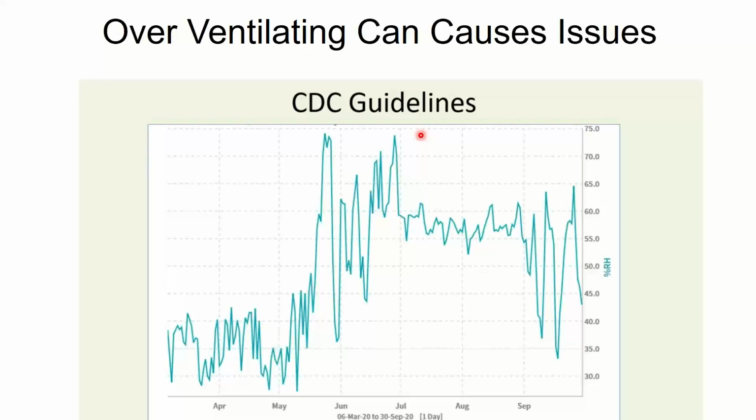The higher the relative humidity is, the easier it is going to be for mold spores to pull the moisture out of the air and use that. So I don't need a roof leak or a pipe leak in order to grow mold. I can just pull the moisture out of the air. If I can keep things in check, specifically as far as ASHRAE standard 62.1 is concerned, which is the indoor air quality standard for the country, I need to be below 65% to minimize my chances of mold growth.